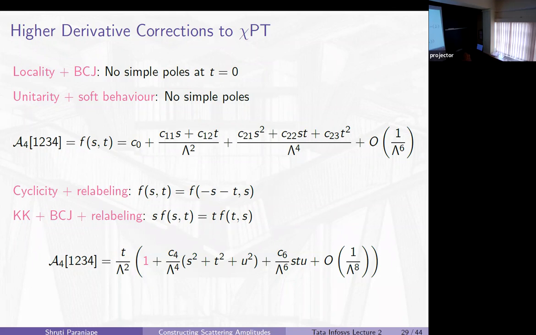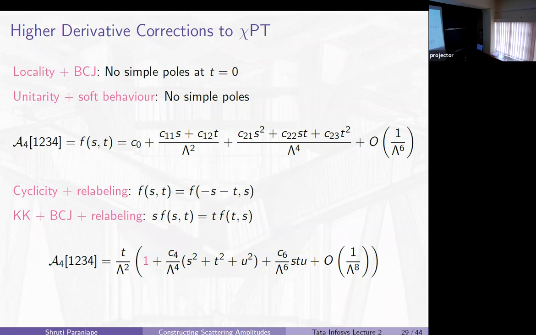So it's a very similar argument to the one we made over here. You have to track when you're allowed or not allowed to have a pole. If you have a T pole, then the BCJ relation will tell you that the other ordered amplitude will have to have a double pole in T. So then you can't have a T pole.